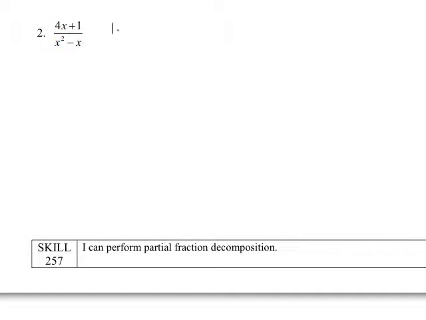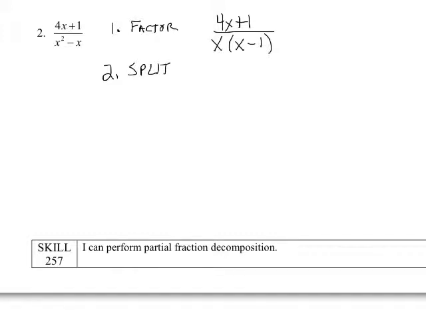But assuming that the denominator has a higher degree, then we can do the process. Step 1 is to factor your denominator. So in this case, what we'll have is (4x + 1)/(x(x - 1)). Step 2 is to split it, and the way I'll split it is I'll say I have some term A over x and some term B over x - 1.